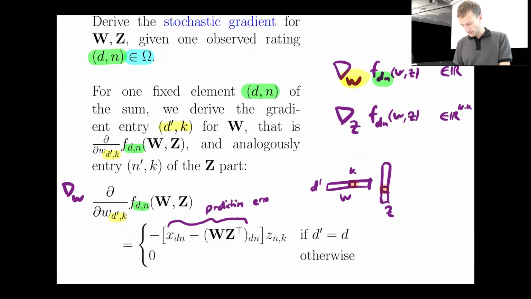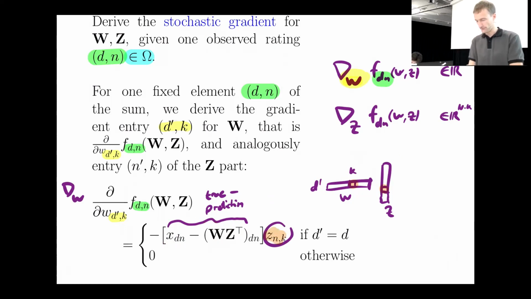Well, not really error because it's not squared anymore, right? It's just the true value minus the predicted value. So true minus prediction. This is a number, and then it gets multiplied with this red entry Z. So this is the gradient.